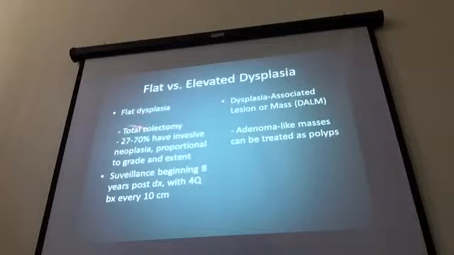So for flat dysplasia, no visible lesion, microscopic dysplasia only, the treatment generally is colectomy. When they do a colectomy, a large proportion have already invasive cancer, either near or somewhere in the sample.